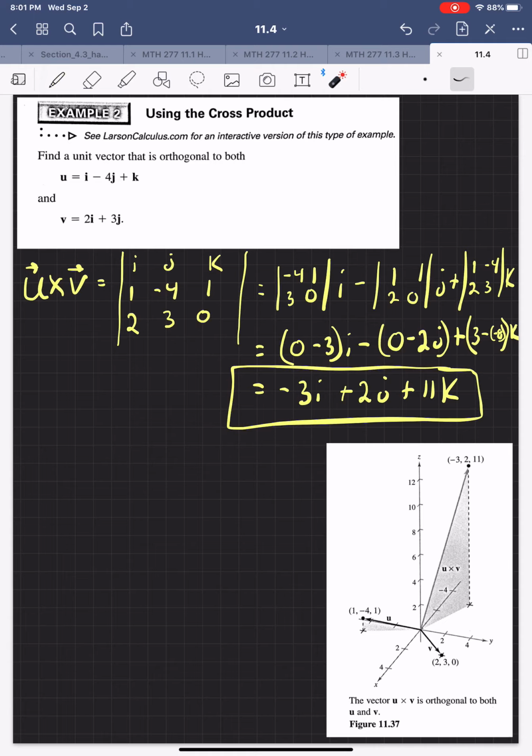Notice that you've done a lot of great work. You found the vector. This vector is orthogonal to u and v. The only thing is that it is not a unit vector. So the last thing to do, if you recall, is that you want to maintain the same direction, you just want to change its magnitude.